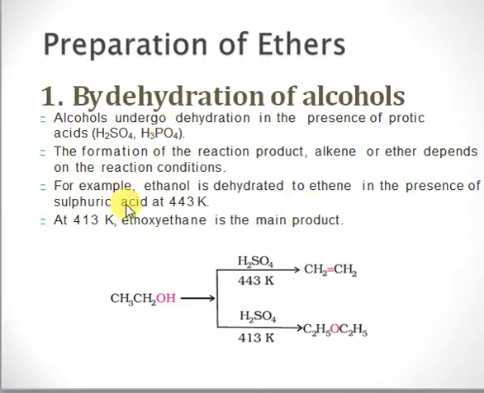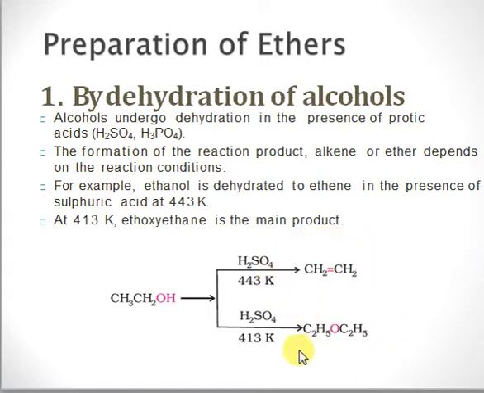This reaction is very interesting because it can either result in dehydration, meaning remove water, and result in formation of an alkene. So this specific case is intramolecular dehydration. This is removal of water within the same molecule.